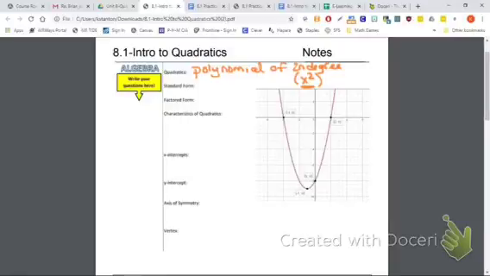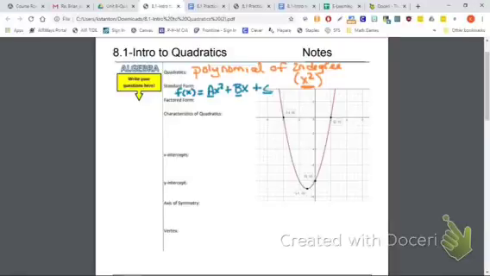So standard form, again, I mentioned earlier that the standard form of a linear equation is y equals mx plus b. Well, the standard form of a quadratic is something that you've actually seen before. We just got done doing a whole bunch of factoring and solving by factoring, and this form is just that. We're going to say f of x, or our y, equals ax squared plus bx plus c, where our a, our b, and our c are each numbers.